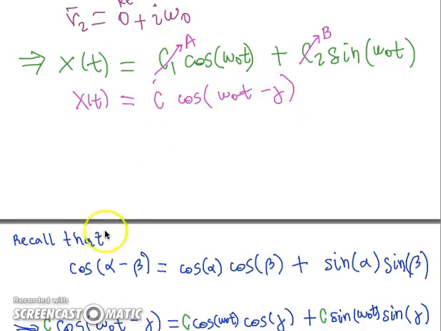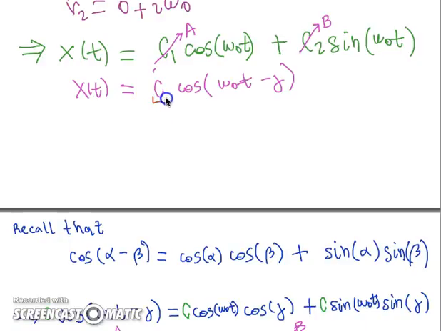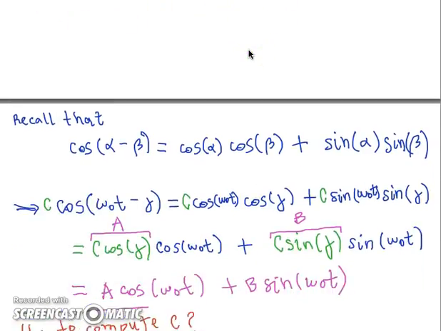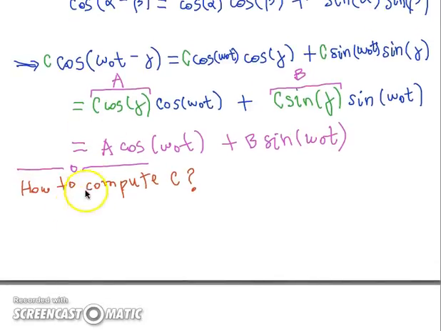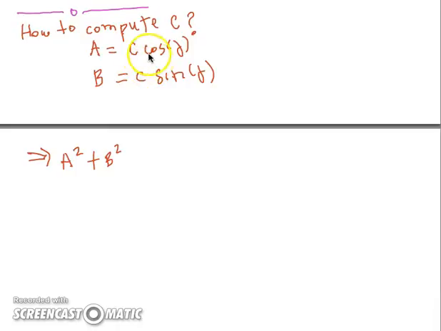And you may wonder, how do we compute this new constant c, assuming that we know constants a and b, or c1 and c2? That's not a problem. Let's remember that we have a equals c cosine of gamma, and b equals c sine of gamma. Then let's consider the square of each of these terms, and let's add up the squares, right?